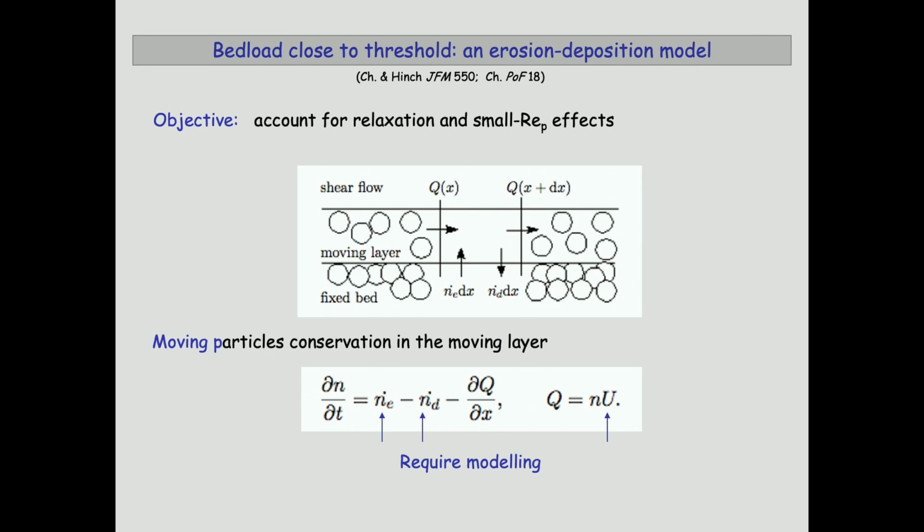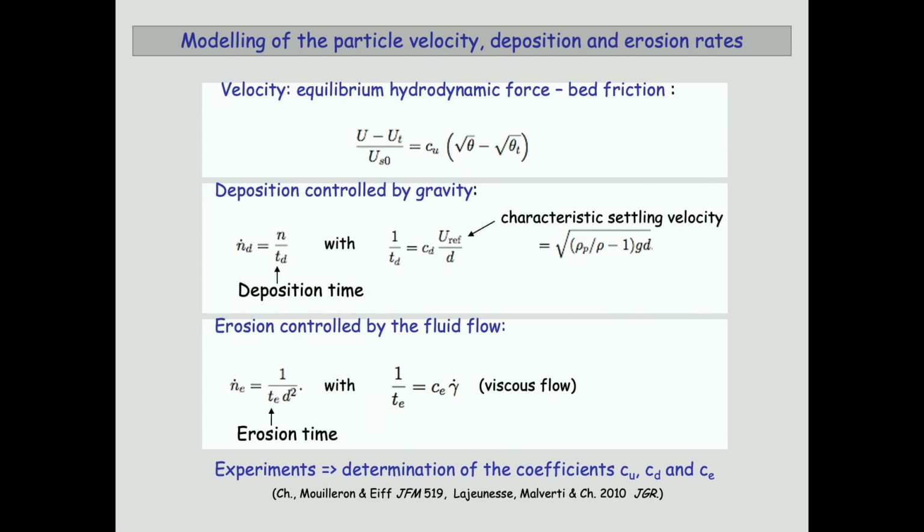For the velocity, we can simply write that the particle velocity is proportional to the friction velocity, which is again the flow velocity at the scale of the grains. And we have also to introduce some thresholds because, as I said previously, of the disorder of the bed.